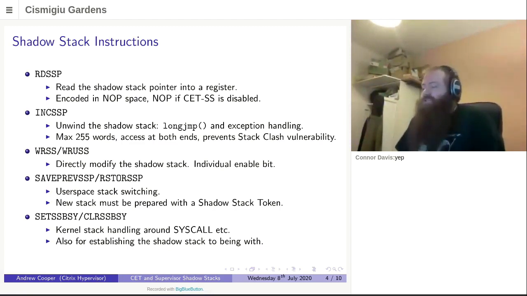It does not switch the stack for you, and this has been the cause of so many privilege escalations in the past. I'm sure it will continue to be so in the future. As a result, what happens in the processor is when you do a mode transition, when you do a privilege transition, the shadow stack pointer gets reset to 0 and the operating system has to restart it from the intended position.